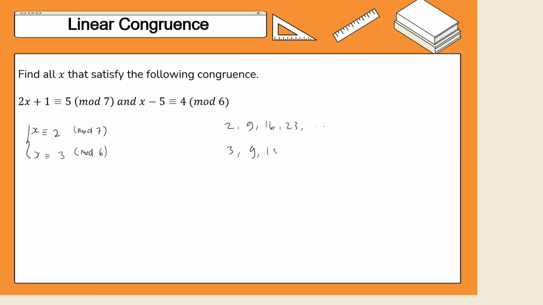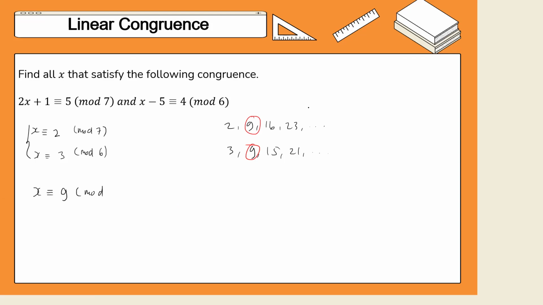Add 6, 15, and so on, then 21 and so on. Yes, you got it, 9 appears in both. So x is congruent to 9, but it's not only 9. The answer is a lot, many solutions because this is a congruence. So 9 is correct, but modulo what?